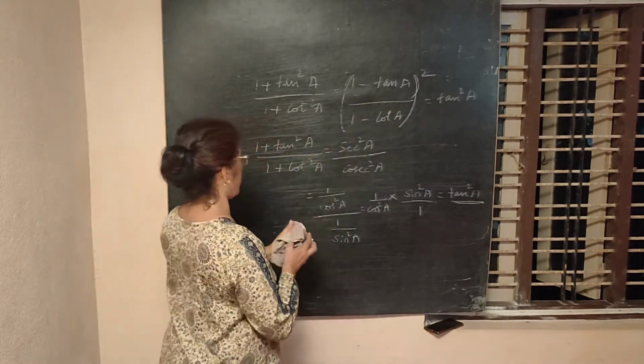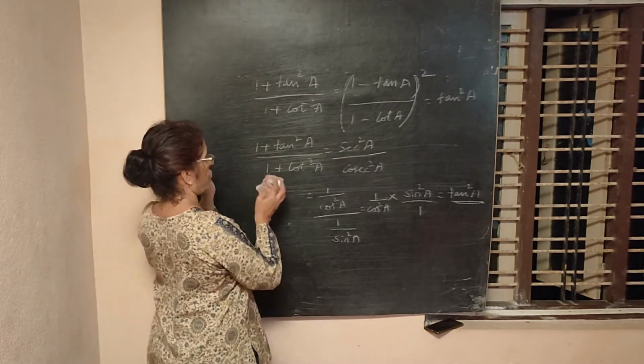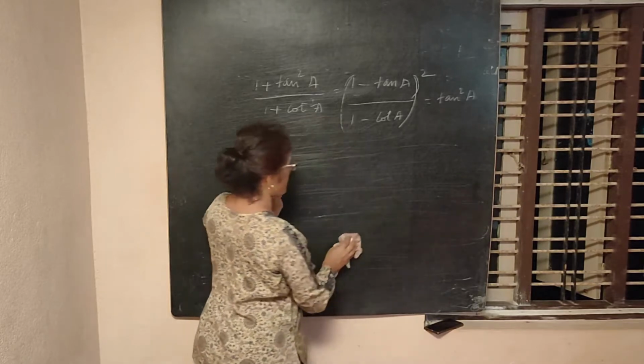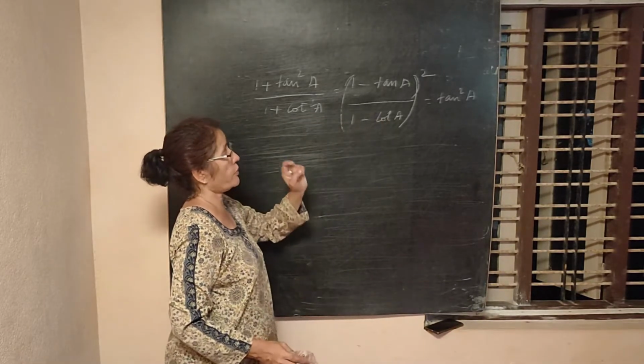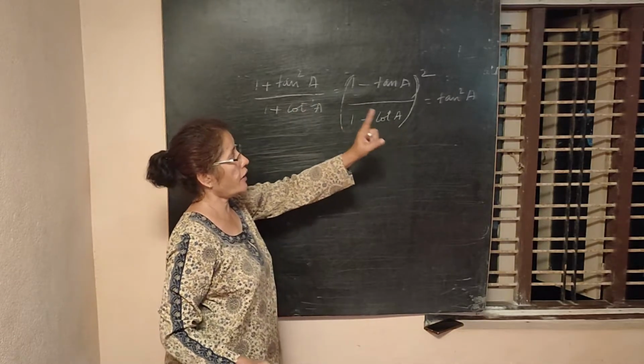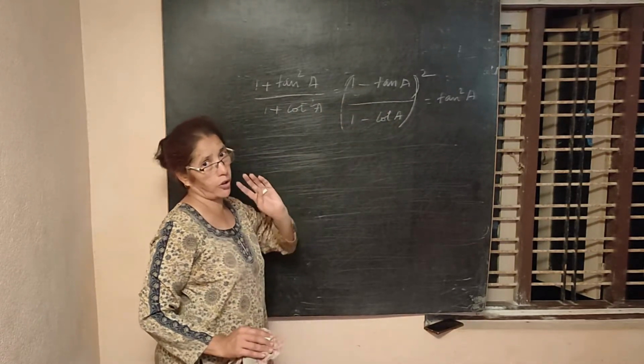From here I got this. Now let me try from here to that or here, as I want I can do. Whenever I write A is equal to B is equal to C, I have to prove either A is equal to B, or A is equal to C, or B is equal to C. As I want I can solve.